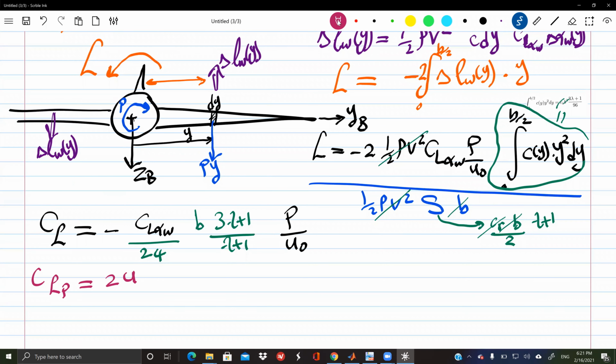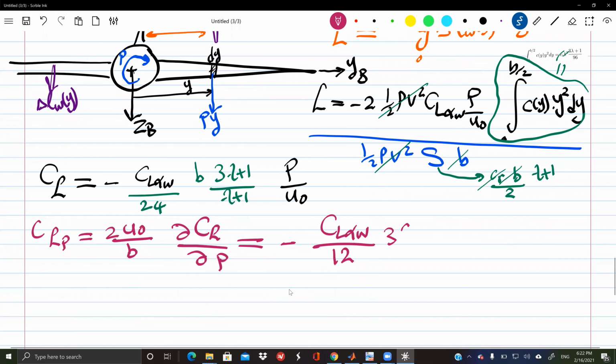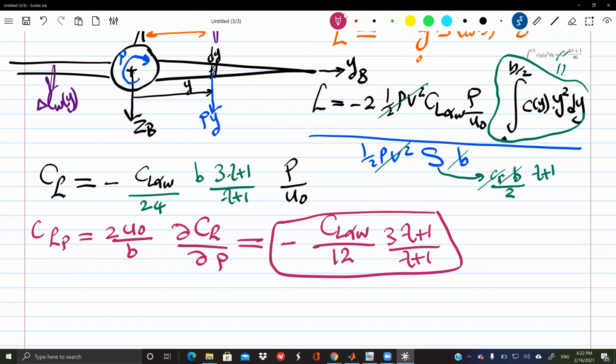CLP is 2 u naught over little b times partial CL over partial P. So this is negative CL alpha wing over 12, when you multiply by 2. When you multiply by u naught, this u naught goes away, and when you divide by little b, this b goes away. You just end up with (3 lambda plus 1) over (lambda plus 1). Lambda is the taper ratio of the wing. And we're done.